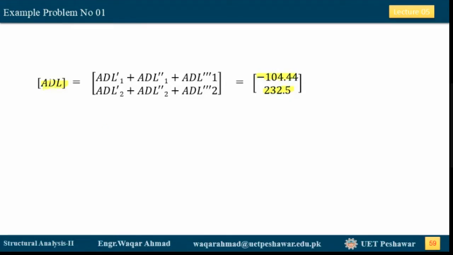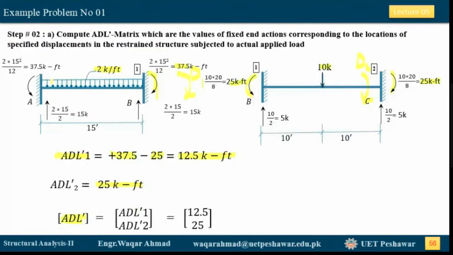If you remember from the last problem, we had only this uniform distributed load and this 10K point load. That's why those values were our A_R values directly.